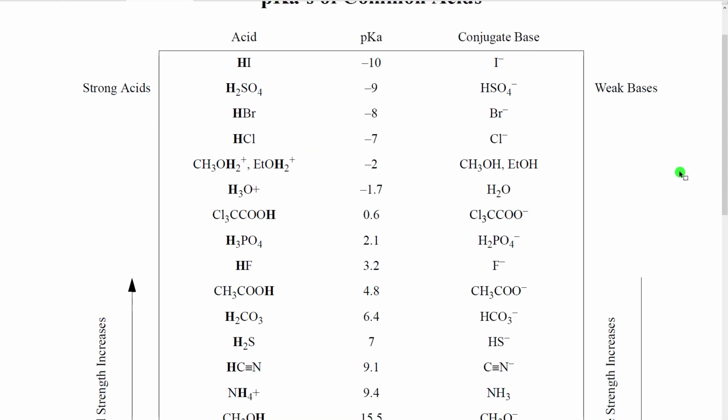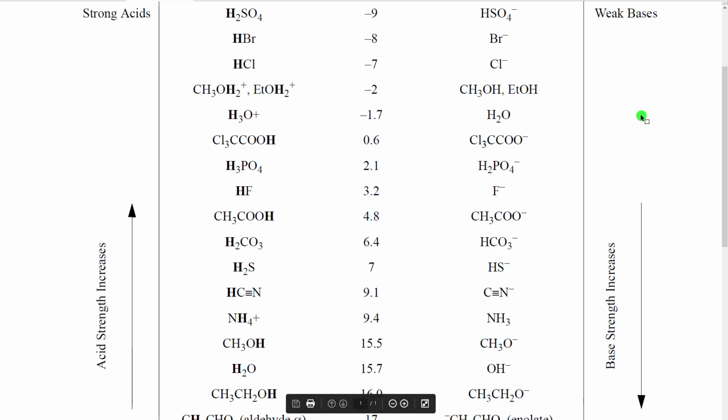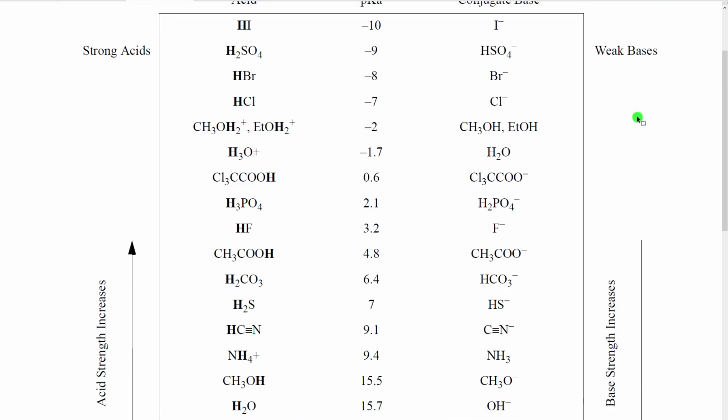So we can use the pKa table to begin to understand leaving groups. Specifically, what we're going to see is that these groups in the conjugate base column of the pKa table are leaving groups up to a point. So essentially, when we talked about conjugate bases, we said that the weaker the conjugate base, the higher it was up on this table, the more capable it was of stabilizing that increased electron density.